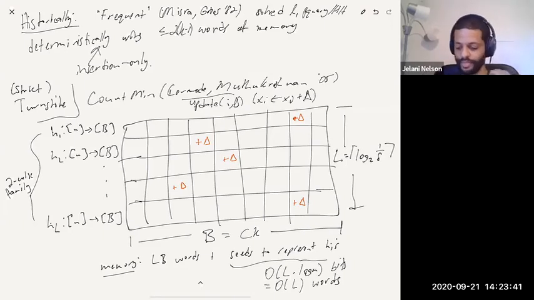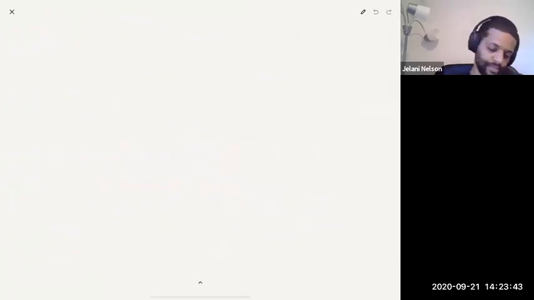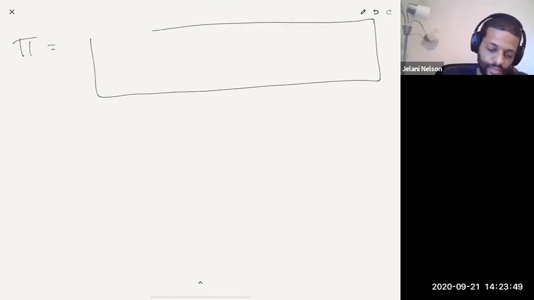Okay, good. Why is this a linear sketch? Well, I can write the matrix Pi as follows. Let's focus on column i. I'll just say that the number of rows here is m, which is L times B. And let's just do the following.